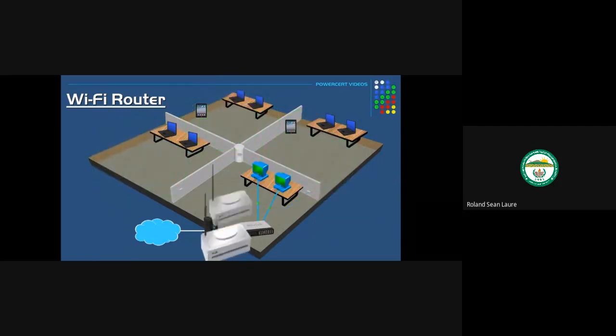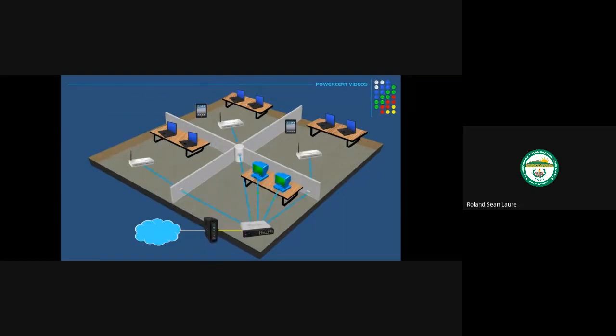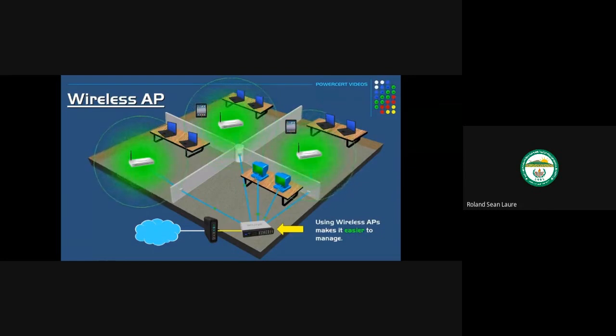But if this office was using wireless access points instead, then all the management and all the changes in the configuration would be done by this single router, which makes managing a network a lot easier. So all the wireless devices can be treated as a single subnet instead of being treated as multiple subnets if Wi-Fi routers were used.